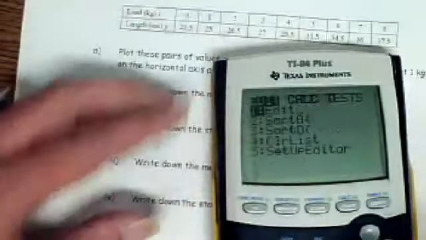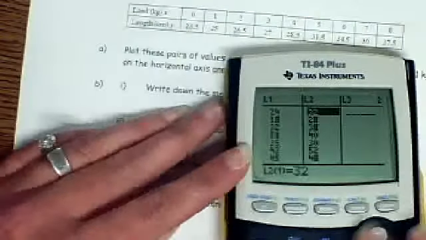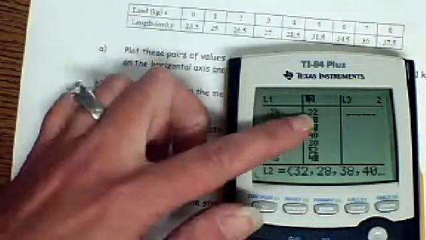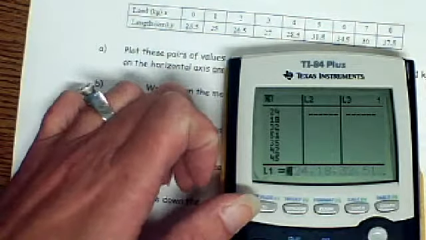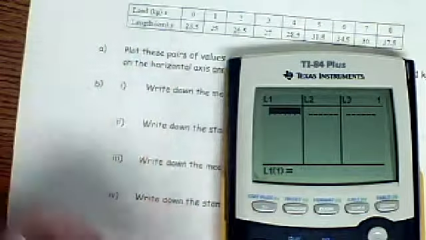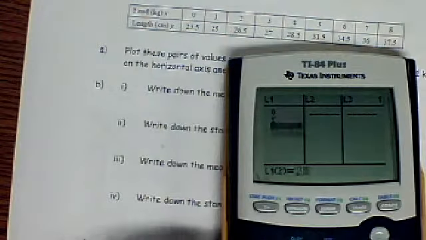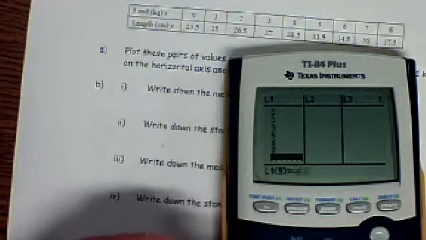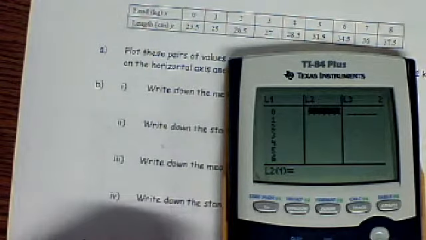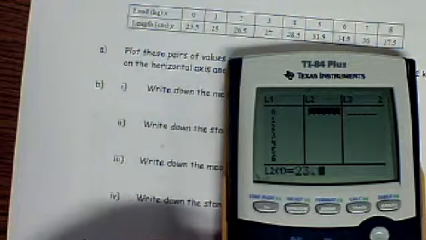So we go into Stat, Edit, and remember you can go up to the L2 and hit Clear and clear out your list. Don't hit Delete, but Clear. And we can type in our values for our X's, and we can type in the values for our Y's.